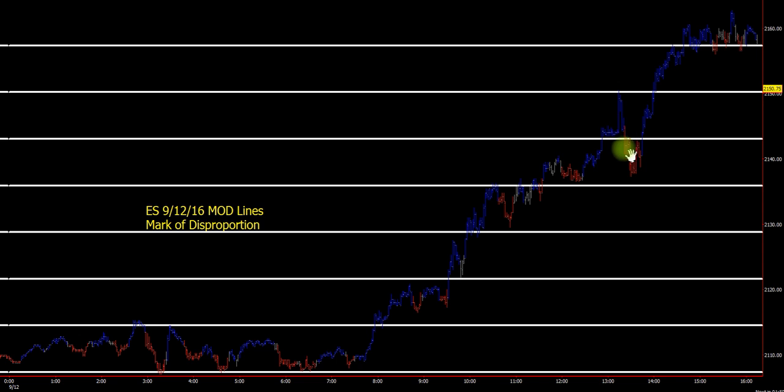So they're definitely a key line. And like I said before, think of them as areas of equilibrium where there is balance. And we know that markets don't like to be in balance, they like to be in flux. So, anyway, that's all I really wanted to cover here.